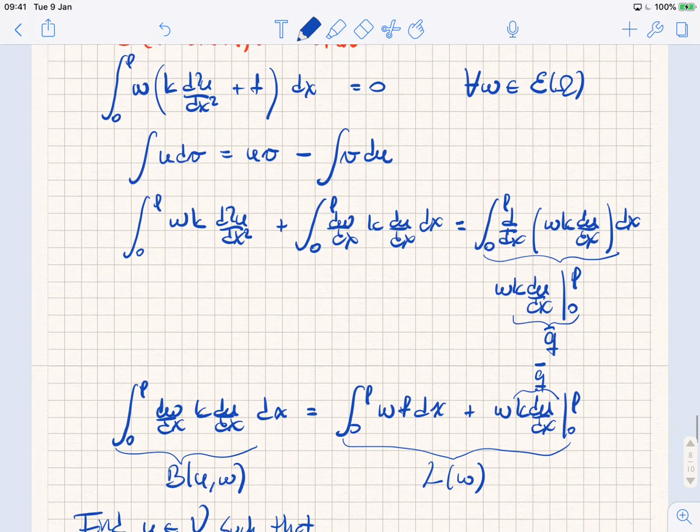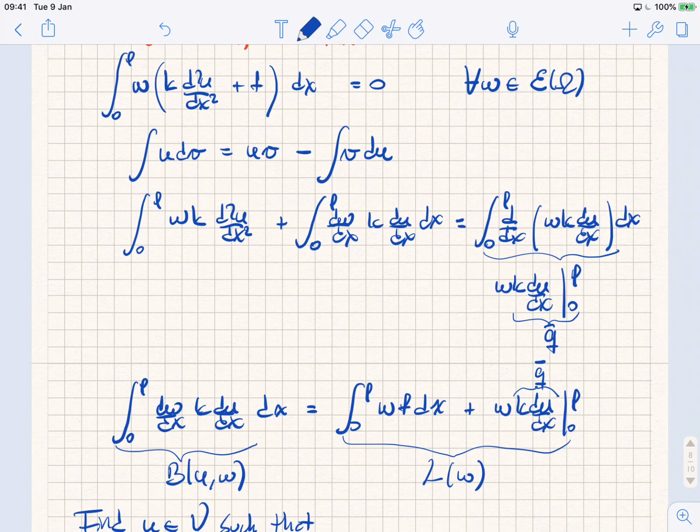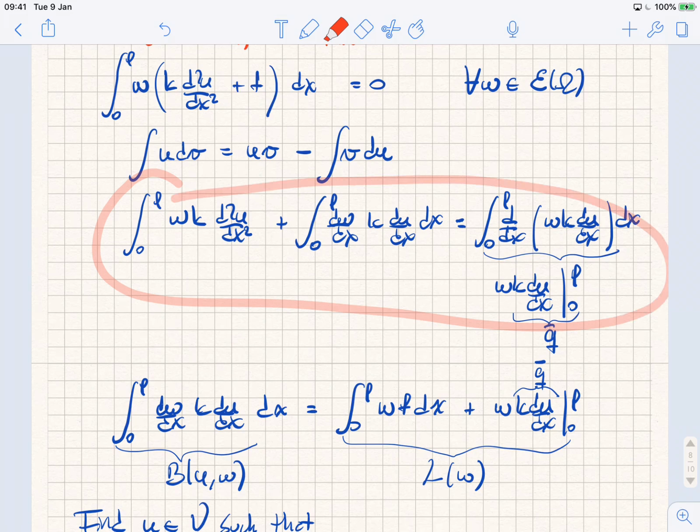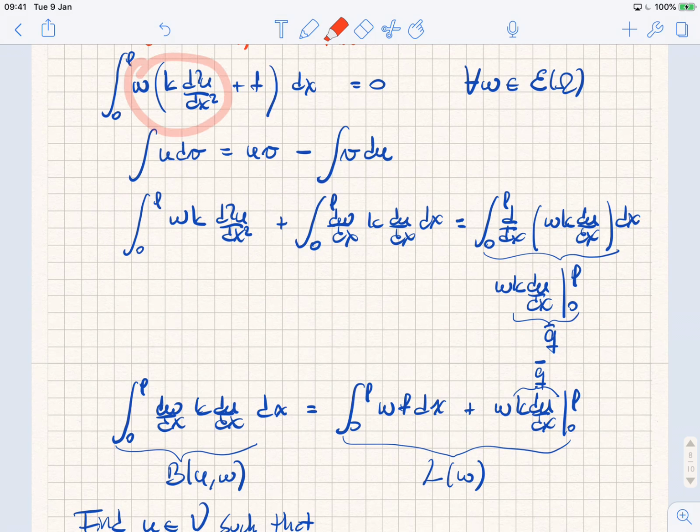I don't really understand the third line, basically. This line? Yes. This is integration by parts. So what I want to do is to lower the differentiability requirement of that term, right? There are many ways to do this.